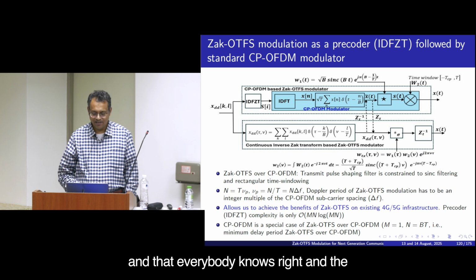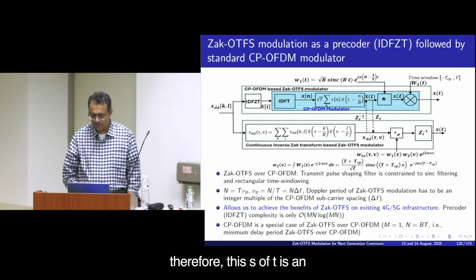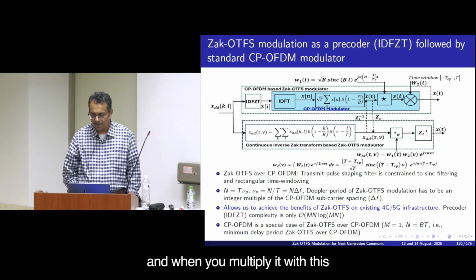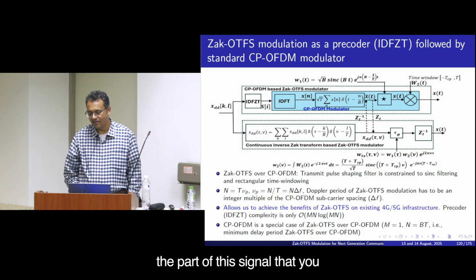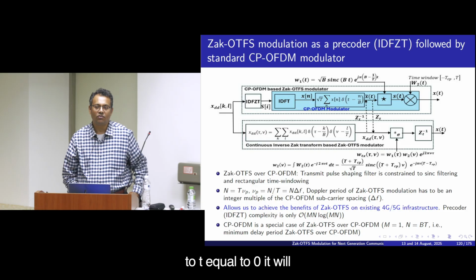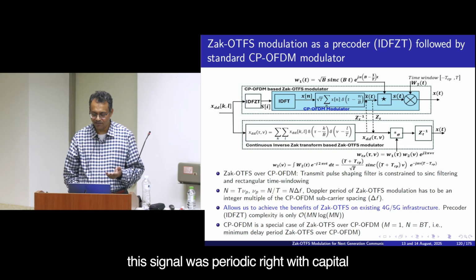And the period is the same, capital T, and therefore this s(t) is an infinite periodic signal with period capital T. And when you multiply it with this time window, it will automatically happen that the part of this signal that you transmit from t equal to minus TCP to t equal to 0 will just be a cyclic prefix automatically, because this signal was periodic, right, with capital T.